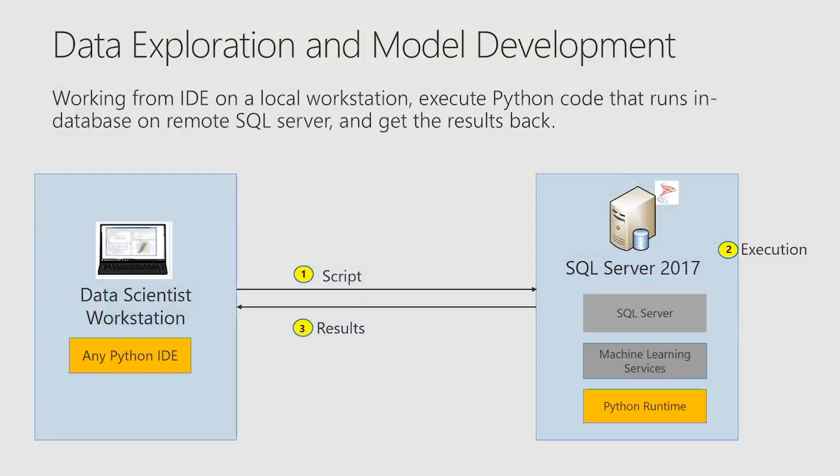Yeah. Excellent. All right, so let's take a look at how this actually works. We talked about the data exploration scenario. On the left, you have the data scientist working in his Python IDE, and as he connects in a remote compute context to the SQL Server, the script goes to SQL Server, execution happens there on the Python runtime, and the results come back to the developer's machine.